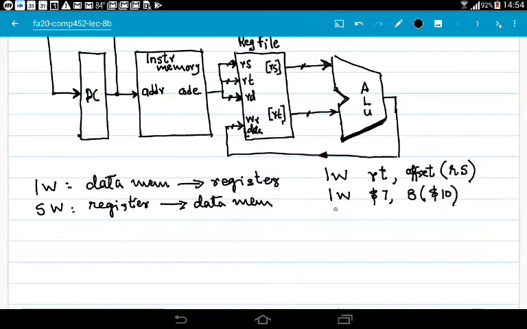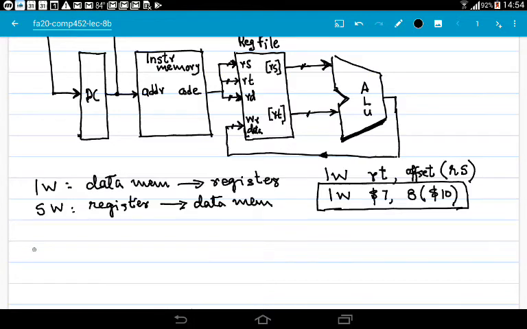So let's see how this instruction is supposed to be executed by the MIPS processor.